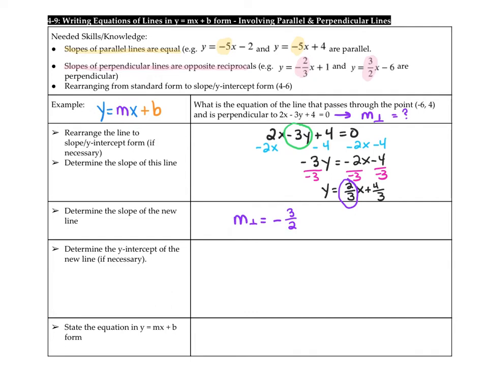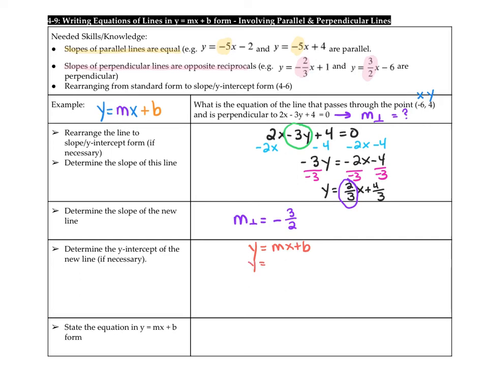Next step is to determine the y-intercept, and from the previous lesson, you use this extra point here. In that point, you're going to substitute this in for x and this in for y in order to solve for the y-intercept. So the formula for the line is y equals mx plus b.